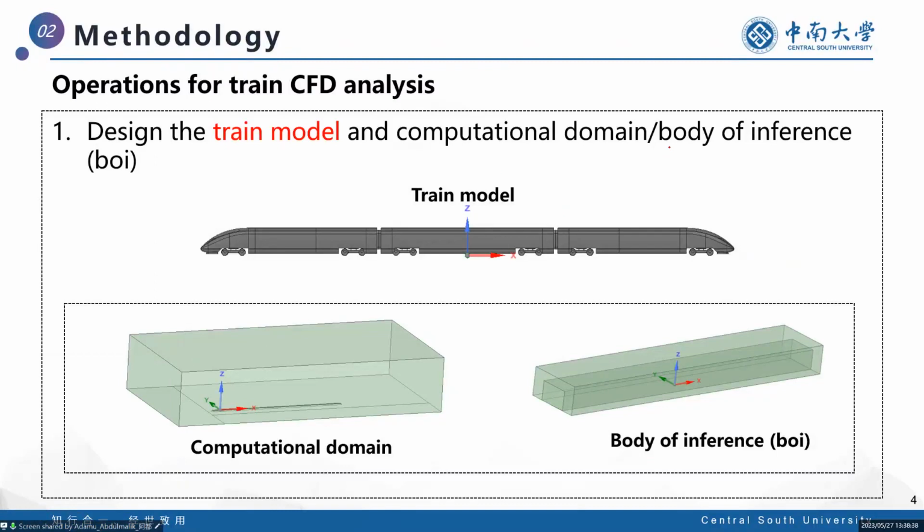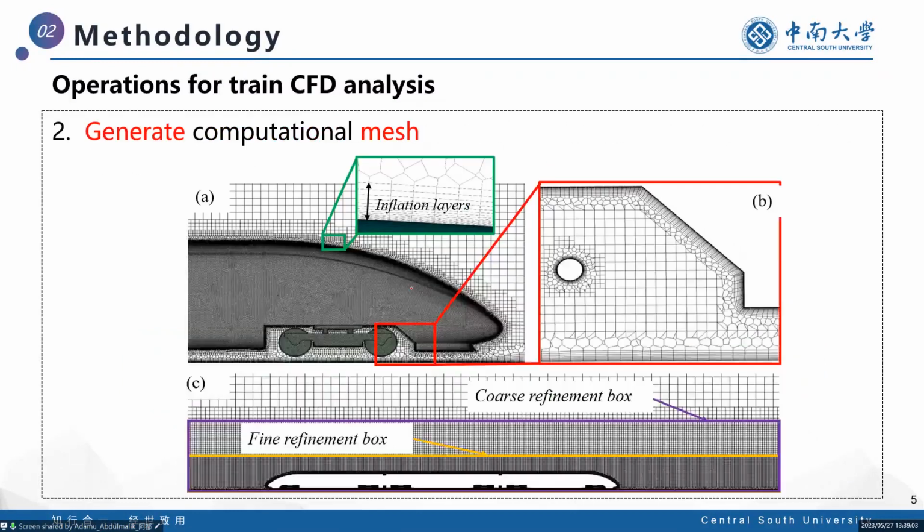This body of influence helps us to give different mesh sizes on different parts of the train or of the computational domain. So first we need to design the train model, the computational domain, and the body of influence. That's number one. Then number two, we are going to generate the computational mesh.